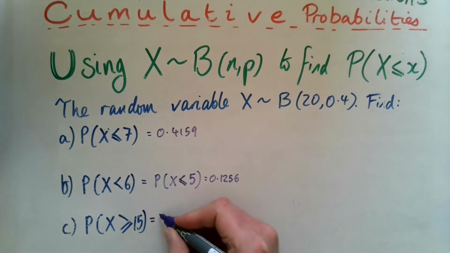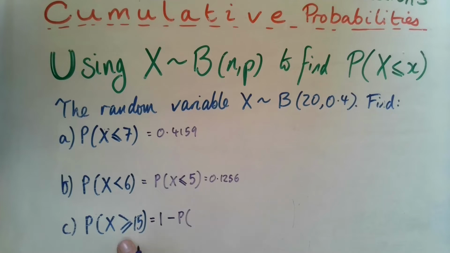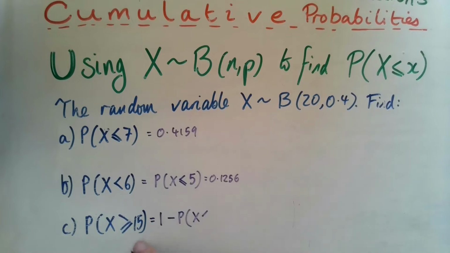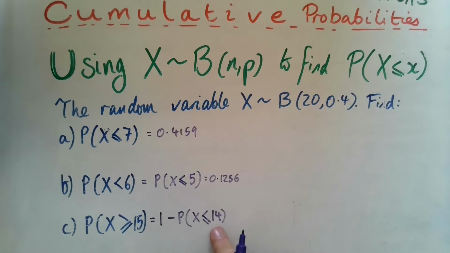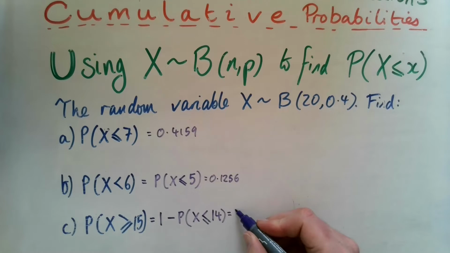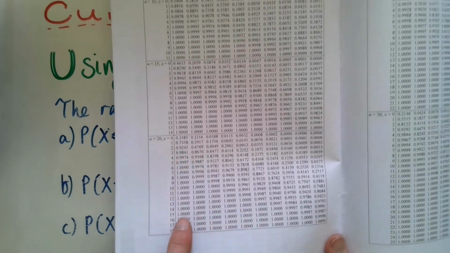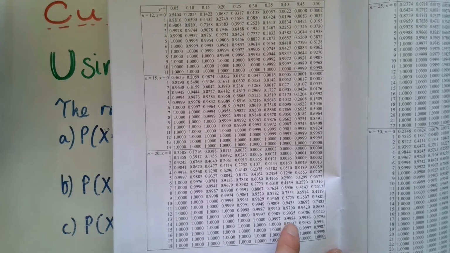So we're going to say the probability of that is going to equal 1 take the probability that X is less than or equal to 14, because we want 15 or more, so we want less than that. So less than that is going to be 14 or smaller, so 0 all the way up to 14. So I'm going to say one take, then I'm going to look in my tables again, and it was that column there, wasn't it? I get 0.9984.